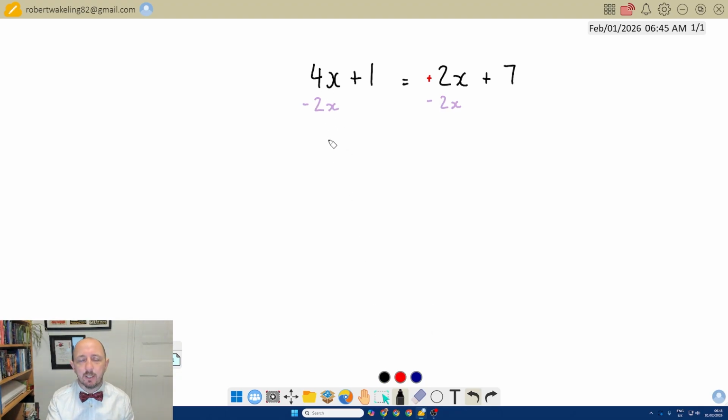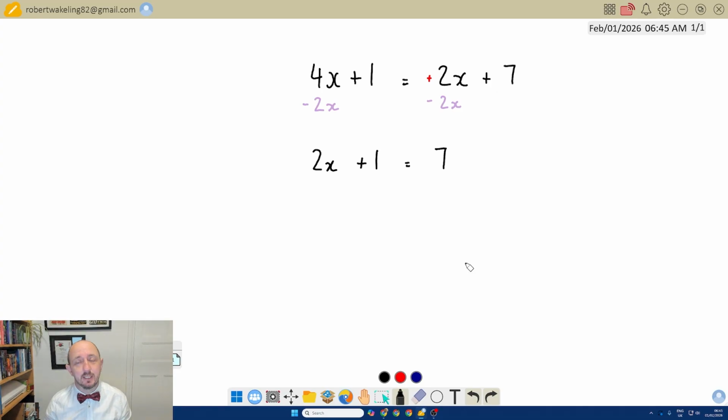So 4x take away 2x is 2x. Plus 1, I haven't done anything to that. 2x take away 2x disappears, and I'm left with positive 7. You can leave the plus there if you want, but we don't bother. So that's this.